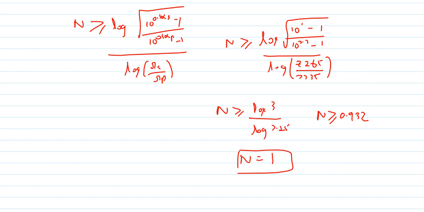Okay, so if n equal to 1, you can find the poles. e power j phi k, where phi k is equal to pi by 2 plus (2k minus 1) pi, and k is equal to 1 only.